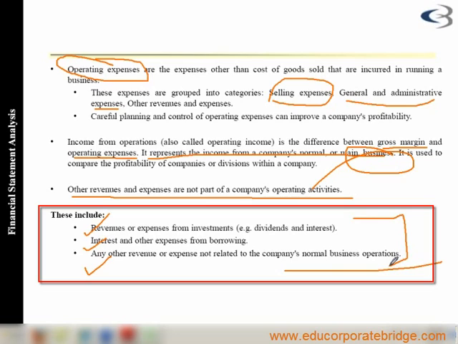An example can be, for example, I'm having furniture in my office and after using it for 4 years, I'm selling this furniture. Any income or expenses which I generate out of this furniture are not part of my normal business income; they will come under this head. That is, the head would be revenue or expenses which are not related to my normal course of business.